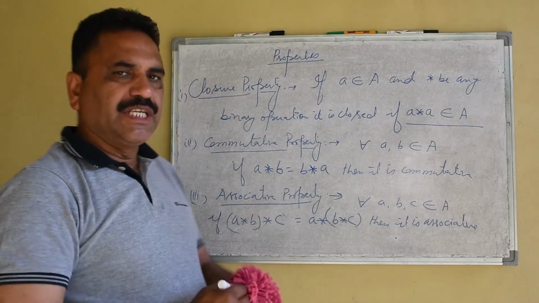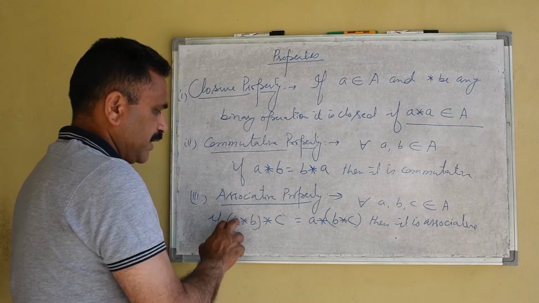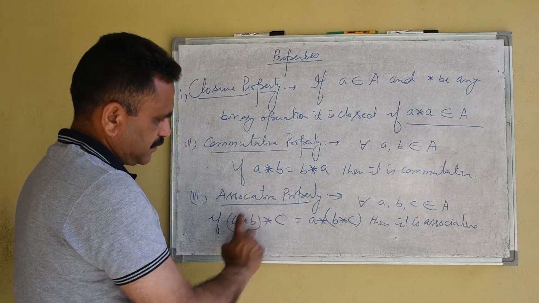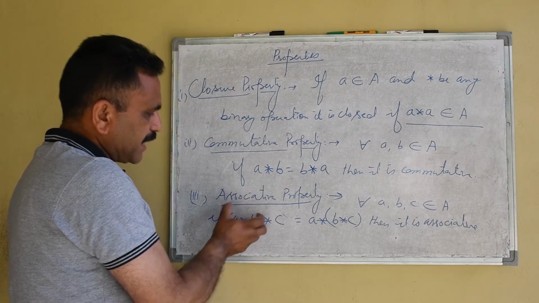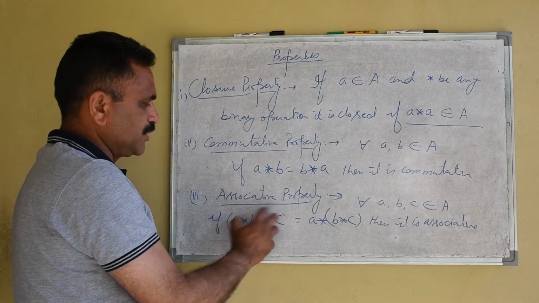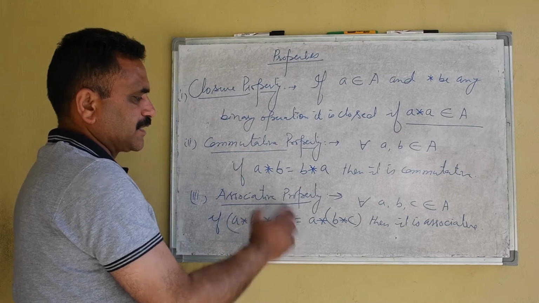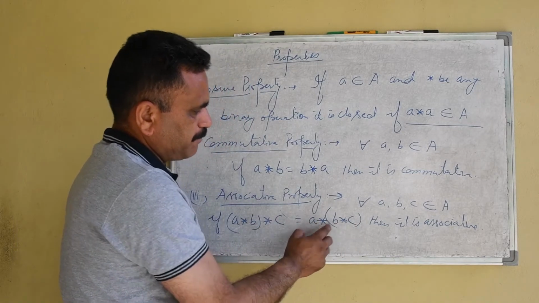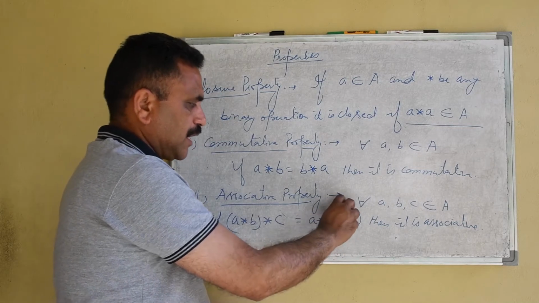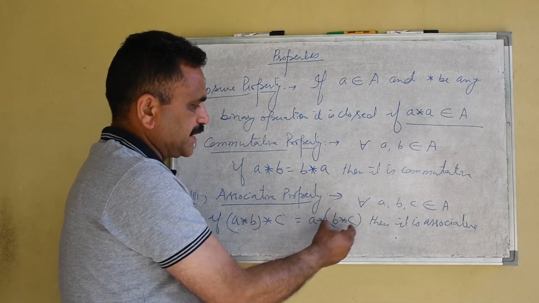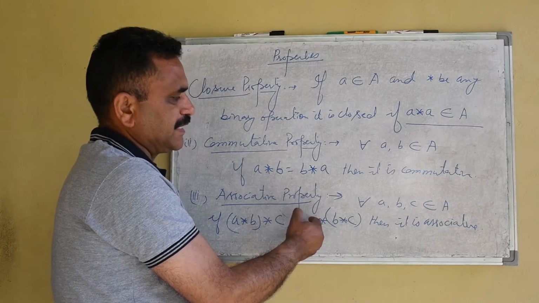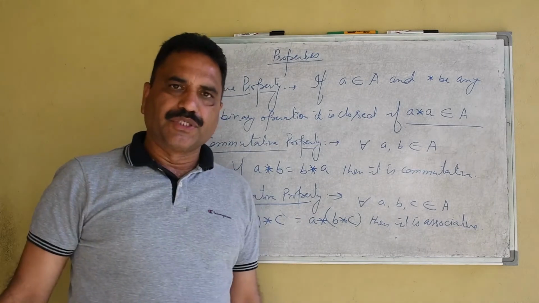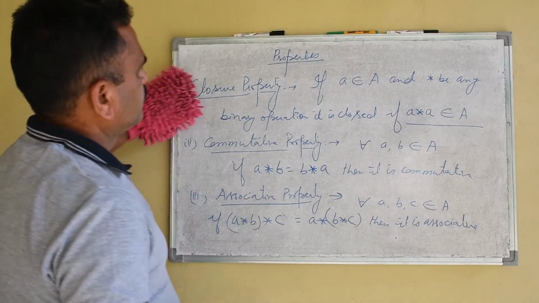Suppose we have three elements A, B, C. When we take the binary operation of A with B, and then operate the result with C, and if the resultant is equal to when we operate B with C, and then operate A with the value of B and C, and the resultant remains the same, then it is said to be associative.